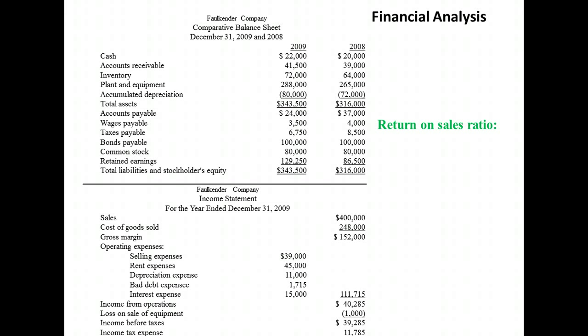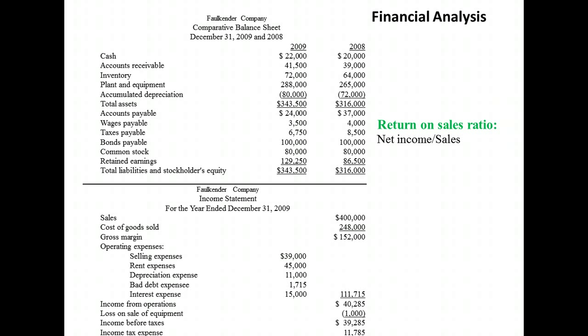All right, return on sales ratio. When I see the word return, I think of the word net income. So I'm looking at my net income over sales. So there it is, net income over sales. And so we go to the income statement for this one. And you can't really see it there. I have it cut off at the bottom.